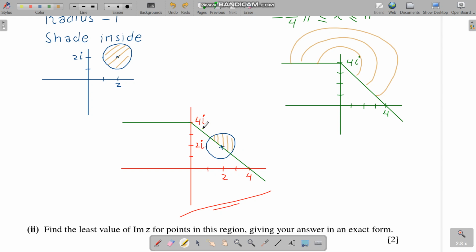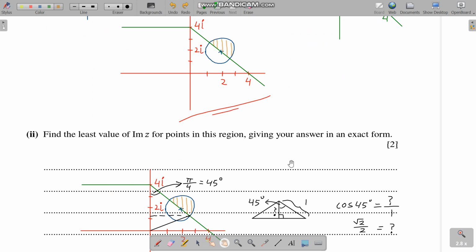We label this x-intercept also, because the angle is pi over 4, so the gradient is exactly minus 1. The shaded area would be inside the circle but also this part of the half line. So this is the shaded part.